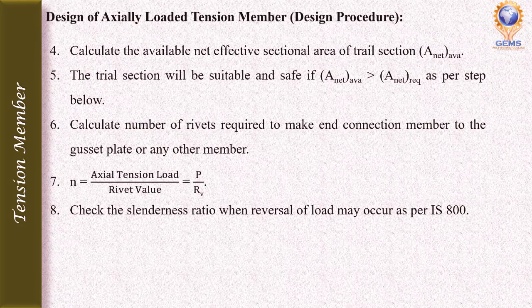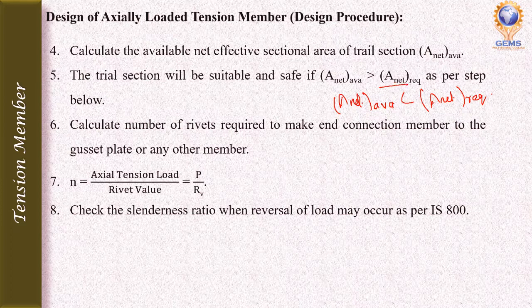If the available net sectional area is greater than the net required area, then the angle is suitable and you can go to the next step. If the available net area is less than the net required area, then you have to choose some other angle section and find the available net sectional area again, and it should be greater than the net required.